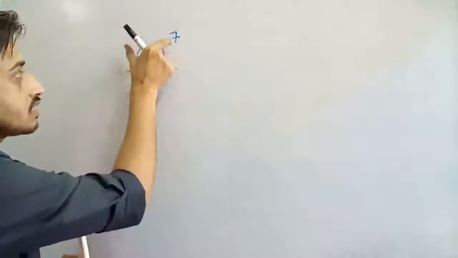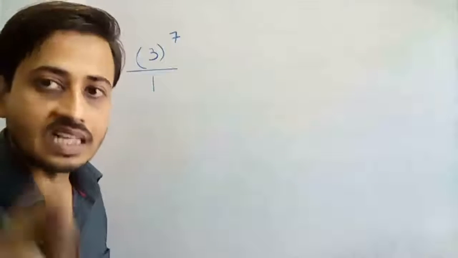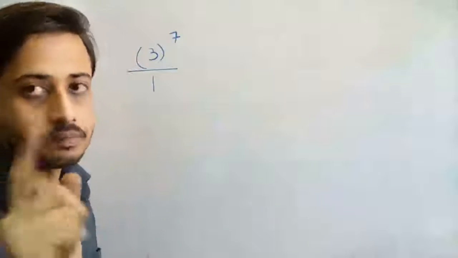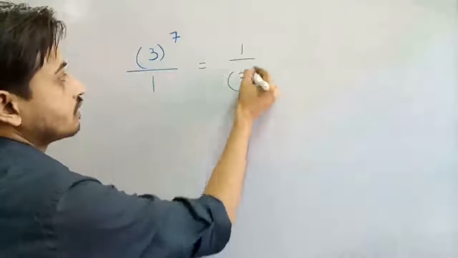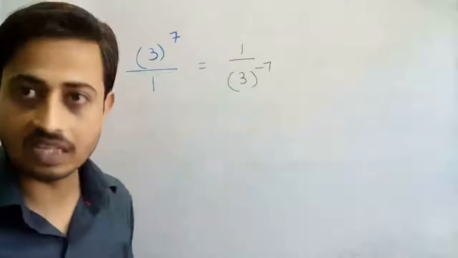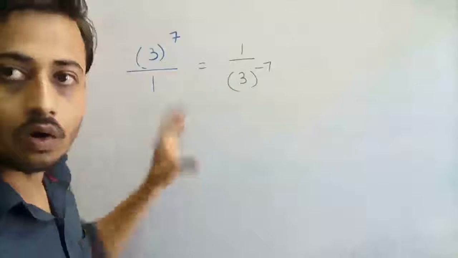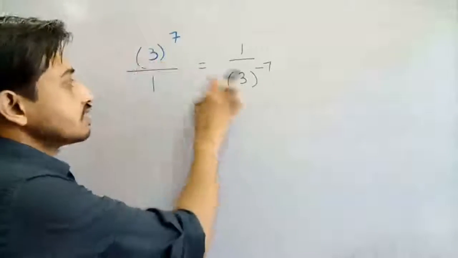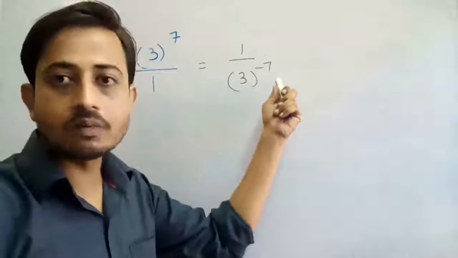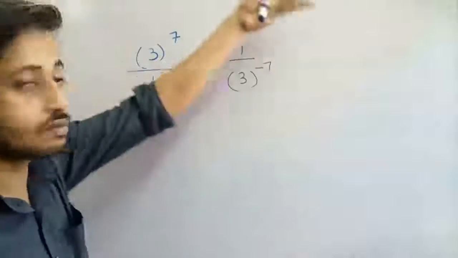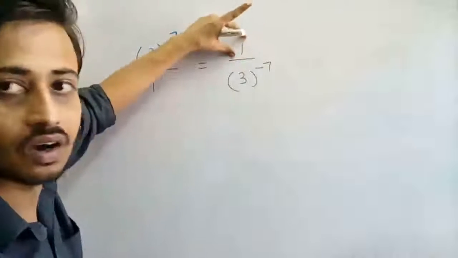So if you want to move this to the denominator part, the exponent remains the same, only the sign of the power changes. So the answer is 3 raised to the power 7 becomes 3 raised to the power negative 7. Please look here. I just moved 3 to the denominator part, so the exponent 3 remains the same and the power sign is changed. In this the power is positive 7, and this becomes negative 7. If there is no term specified in the numerator part, we have to take 1. So that is why I am taking it as 1.